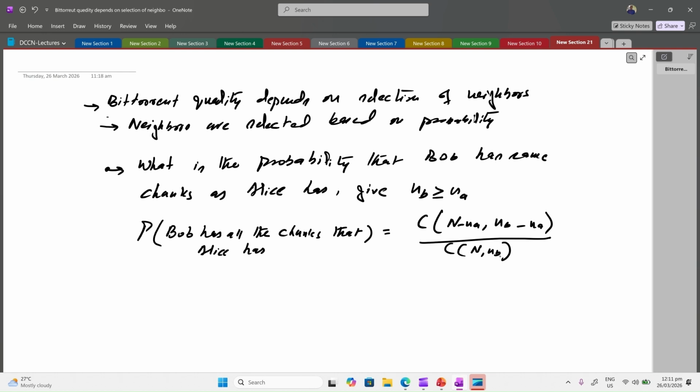This is known as combination notation. This form, C of n, n, is known as combination notation.